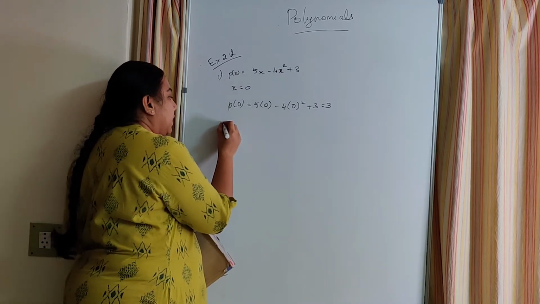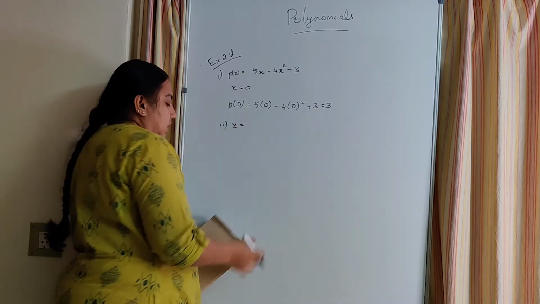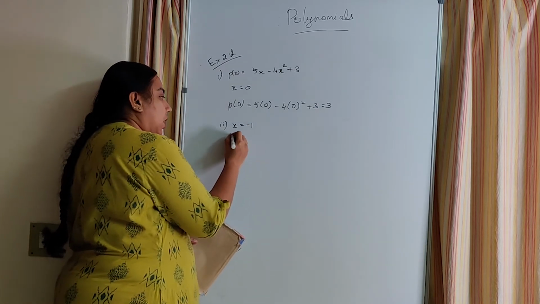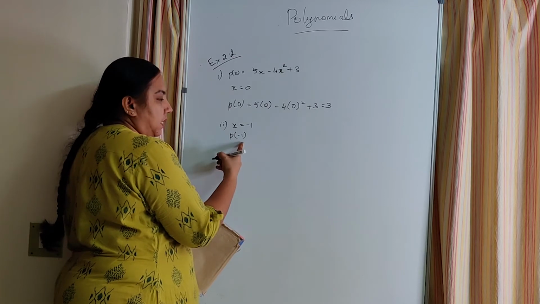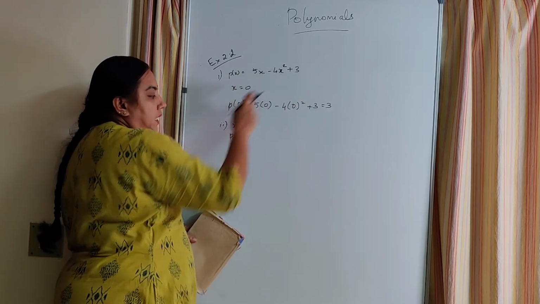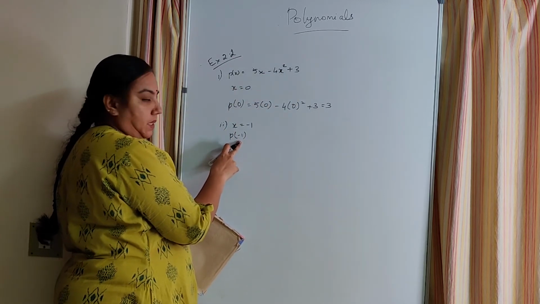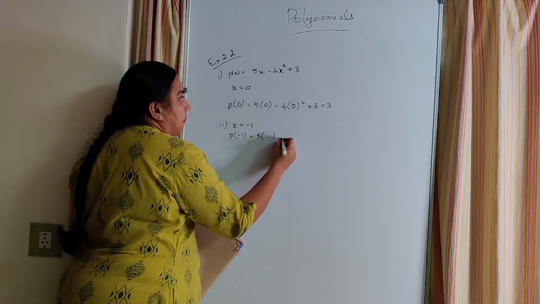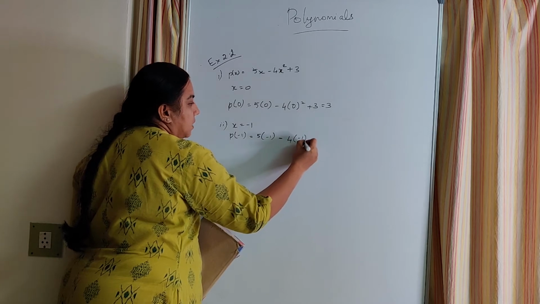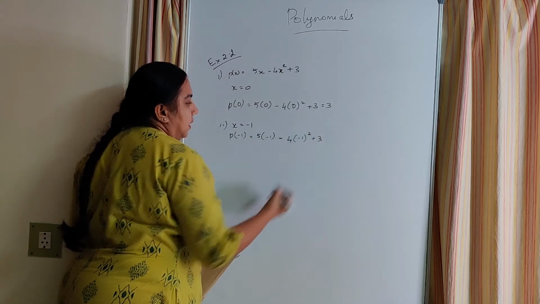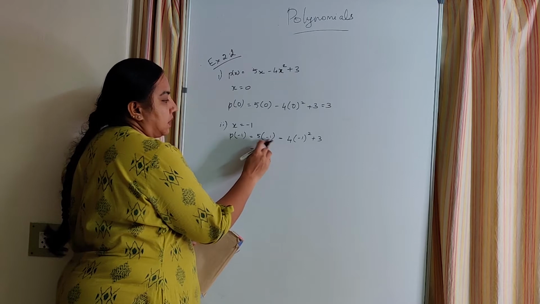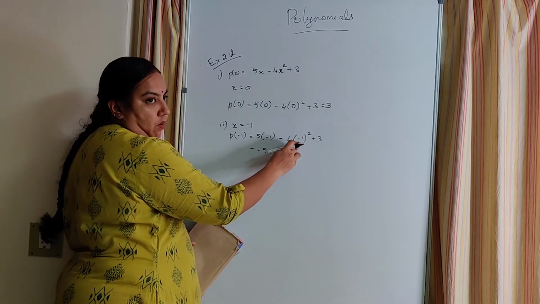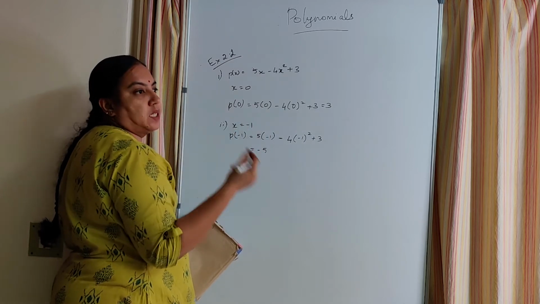The second part of it, when the value of x is equal to minus 1. So P of minus 1. How does the polynomial change when the value of x is minus 1? 5 into minus 1 minus 4 into minus 1 whole square plus 3. Now 5 into minus 1 becomes minus 5, and minus 1 square becomes minus 1 into minus 1, which is plus 1.